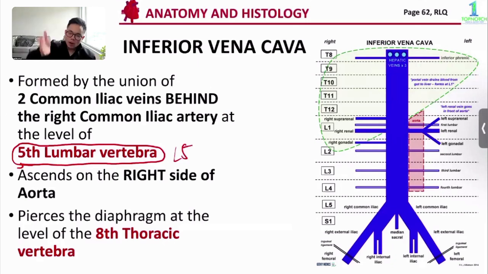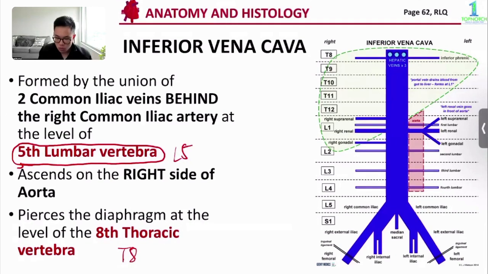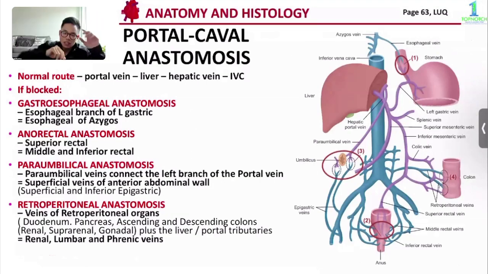Now, what about your portal caval anastomosis? So you have your veins, you have the portal system, and then the IVC, which is your caval system. Now, the normal route here is that the portal vein goes through the liver, to the hepatic vein, draining to the caval system entirely.